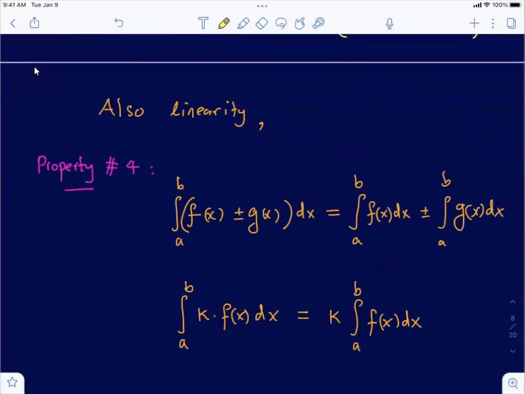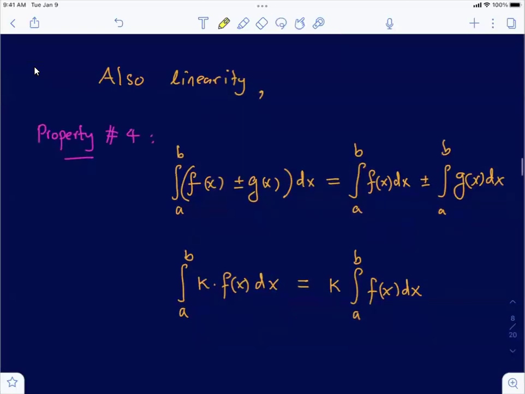And then, in addition, we do have linearity properties. What are linearity properties? We have seen them already in the context of the indefinite integral. When you have an addition or subtraction of functions, you can simply integrate separately. In other words, you can distribute the integration operation over any addition or subtraction.